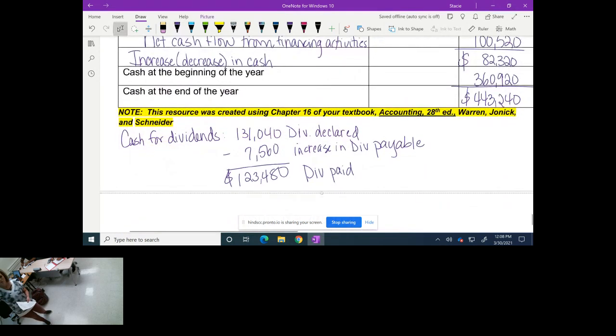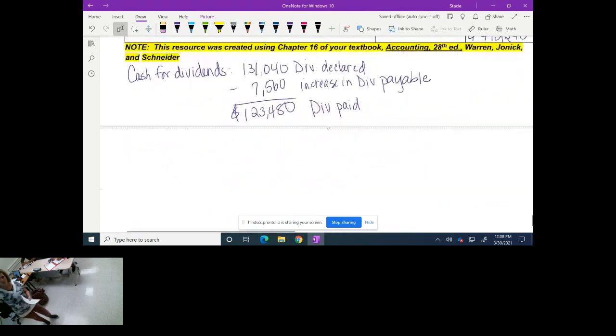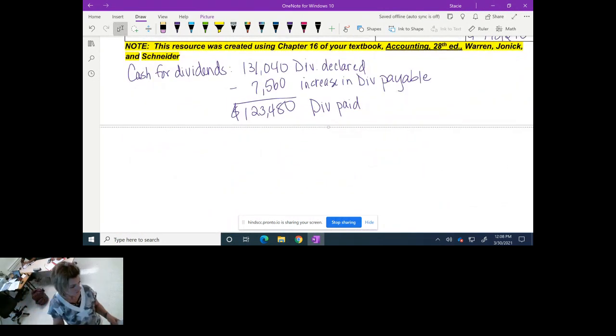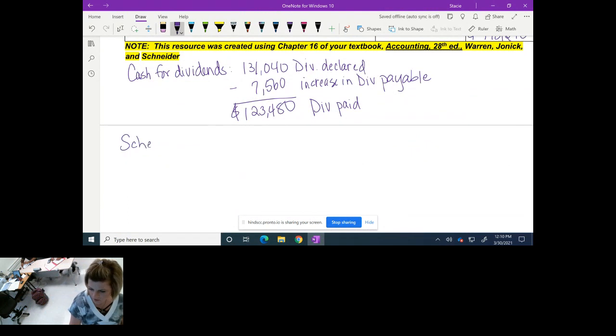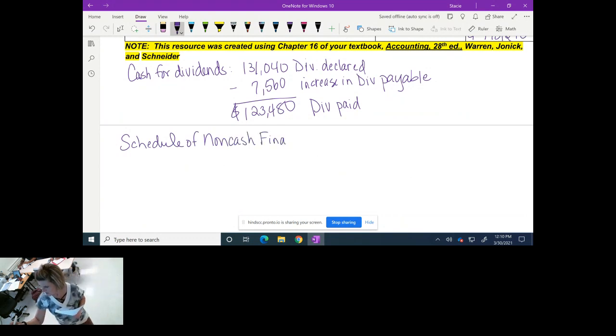Okay. So I did this cash for dividends thing here, but what you would do with that other thing is just put it at the bottom. Schedule of non-cash financing. Just know you do this. If you don't want to write it down, fine. Because the bonds and the stocks, that's a non-cash thing. You're just trading one for the other.